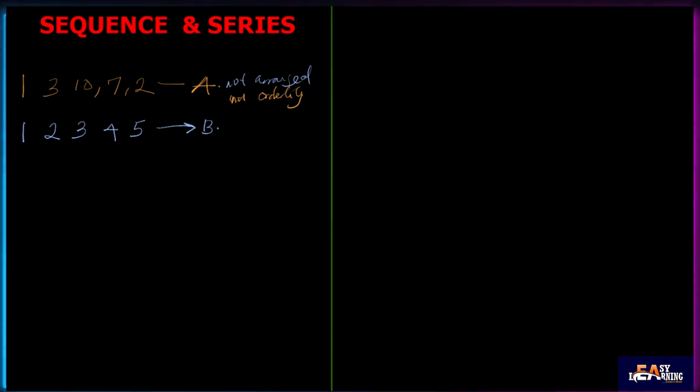But if you look at the set of numbers for B, you observe that it is well arranged, and also it is orderly.